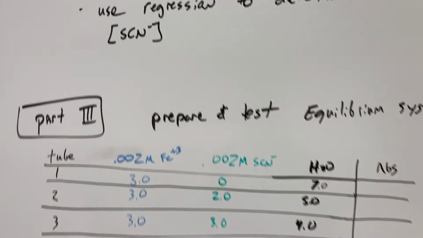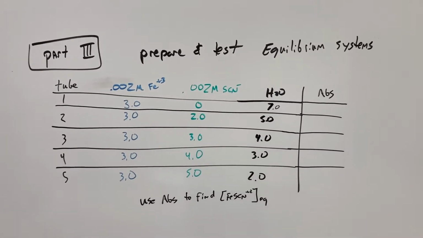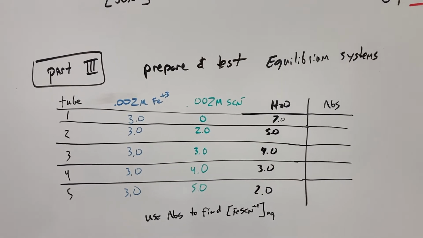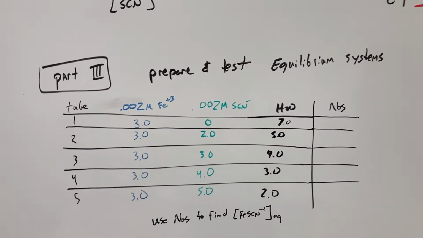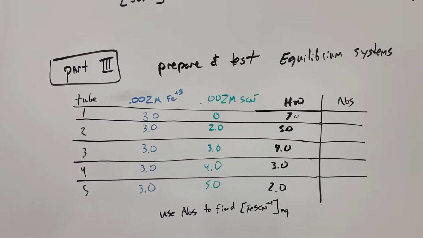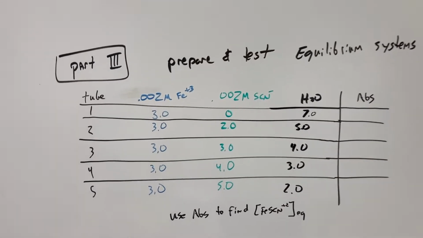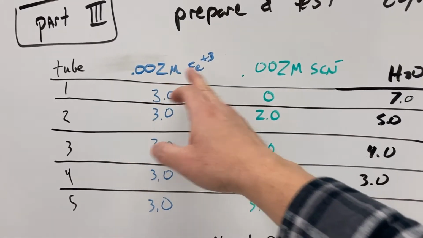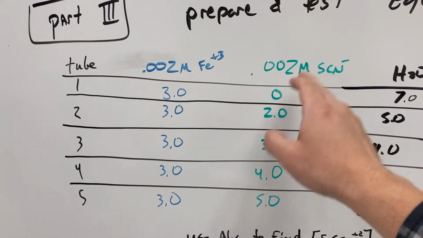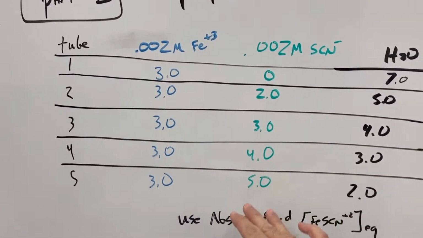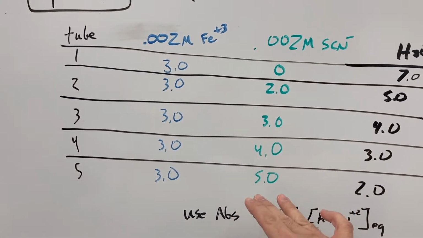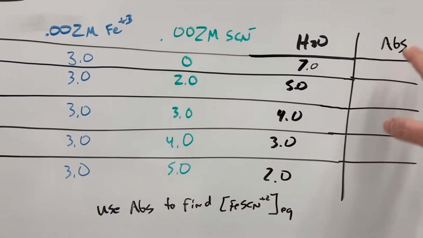In part three, we're actually going to prepare and test equilibrium systems, but this time the concentrations that we're using of the iron and the SCN are the same initially. So 0.002 molar, 0.002 molar. And we are varying the concentrations, and by varying the concentrations, we will get different absorbances.